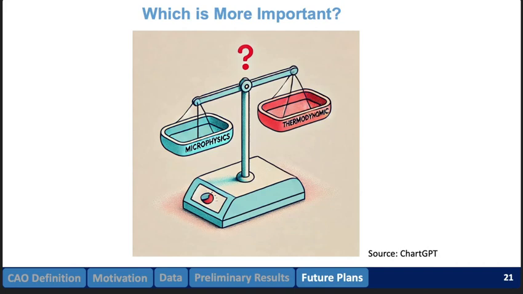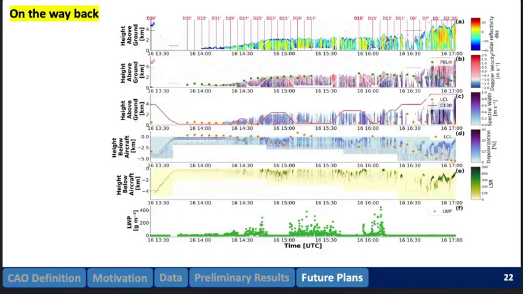So for the future plans, the satellite figures we show are from the way out. We flew from Kiruna all the way to the sea ice, but on the way back we don't have the dropsondes. But we can double our samples, using double our radar and lidar samples when we count the way back.